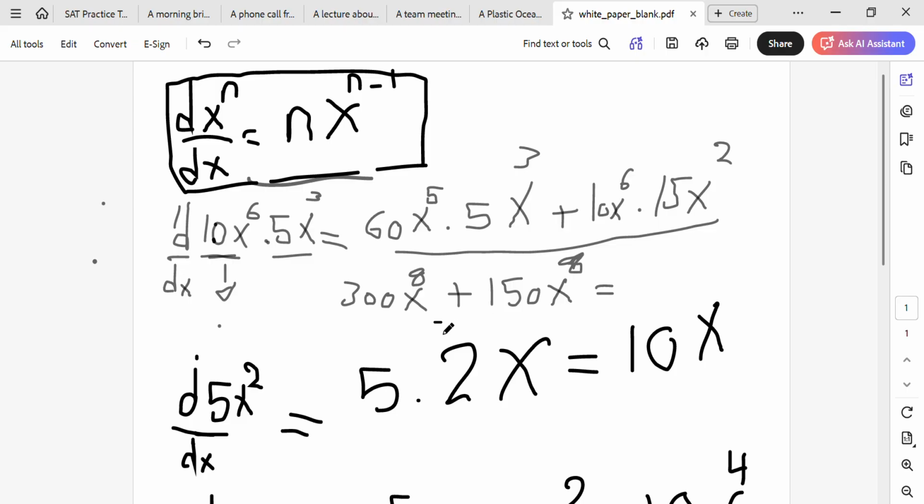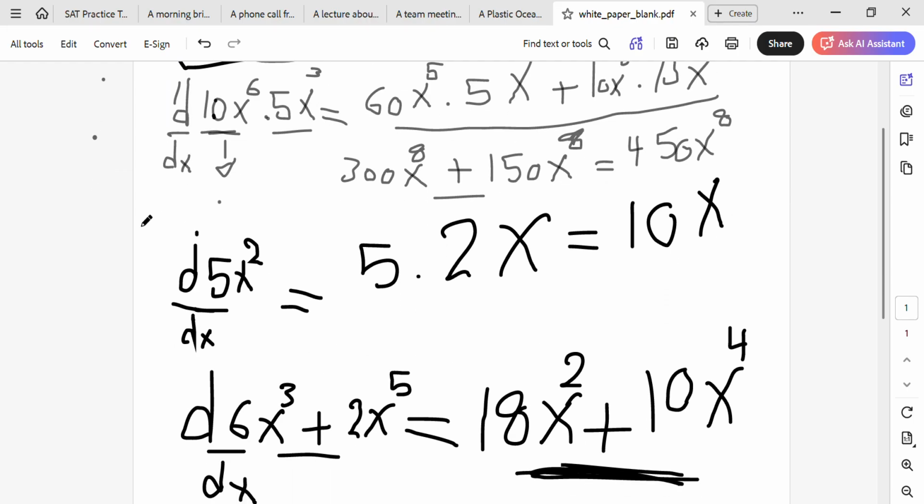So this is addition, so we need just to add the numbers together. So I have 300 added to 150, that will be 450x raised to the power 8. That's the final answer. That's for multiplications.